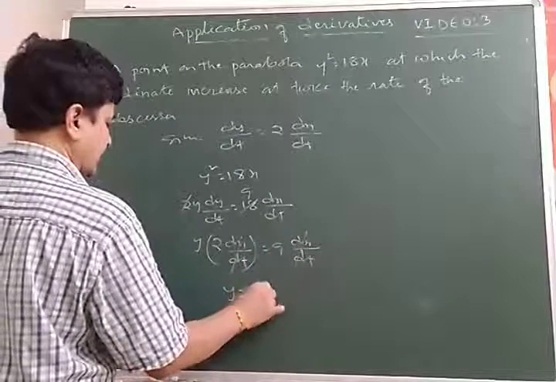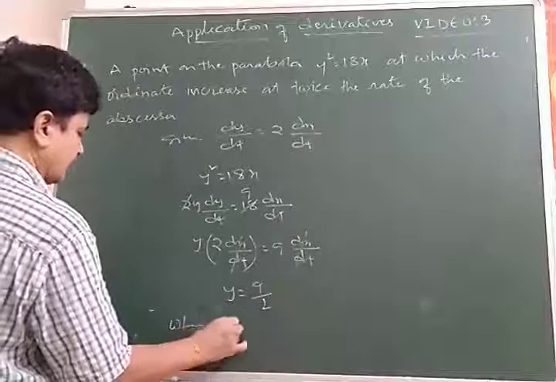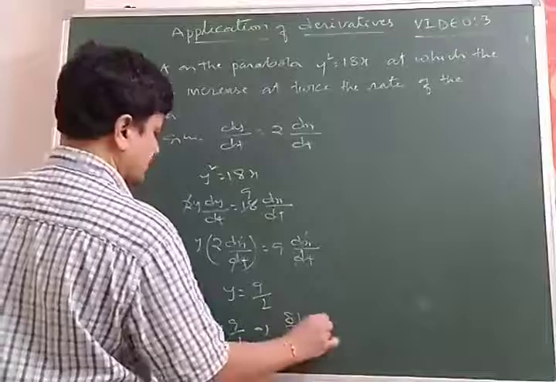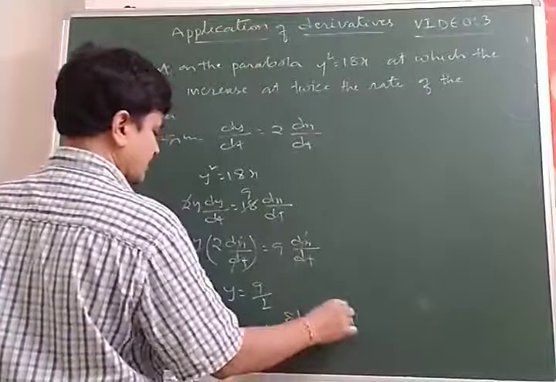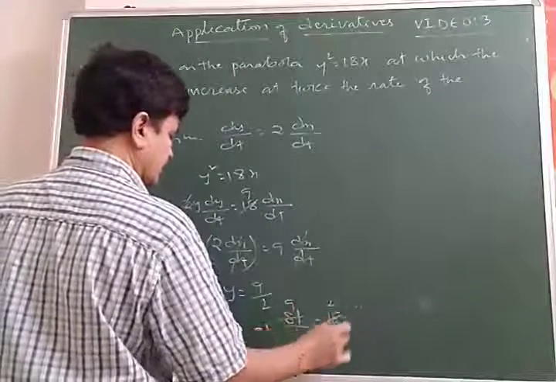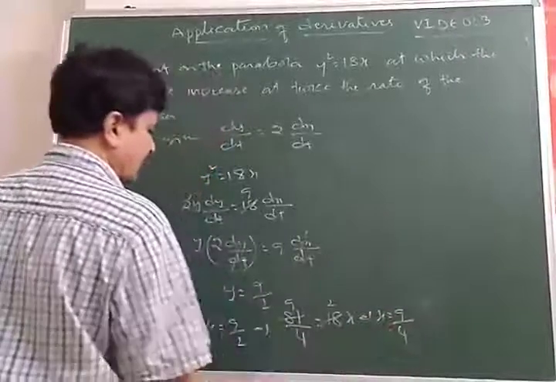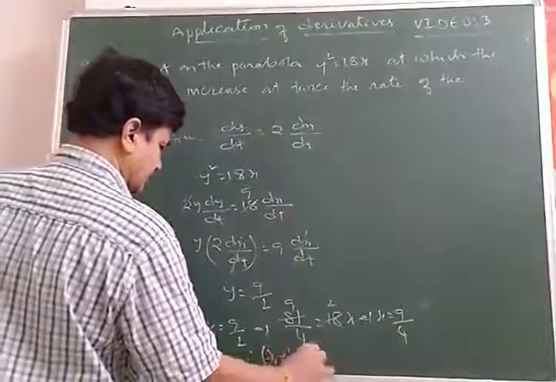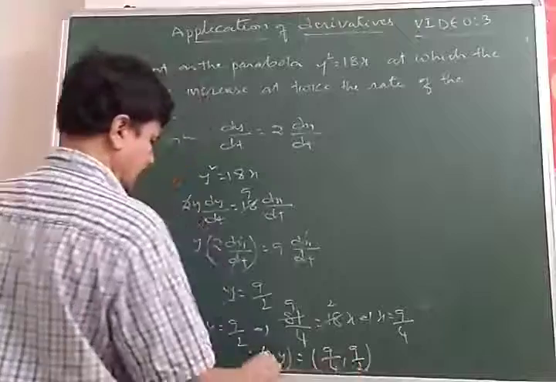Now y is equal to 9 by 2. When y is equal to 9 by 2, 81 by 4 is equal to 18x. So x is equal to 9 by 8. Therefore the point (x, y) is (9 by 8, 9 by 2). This is the required point.